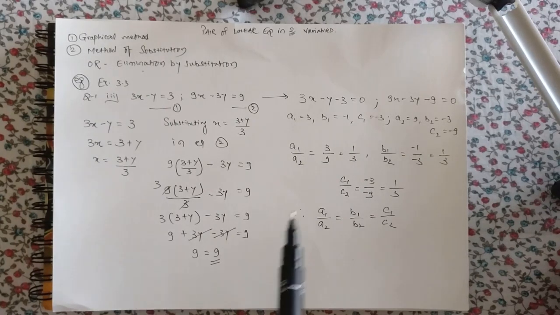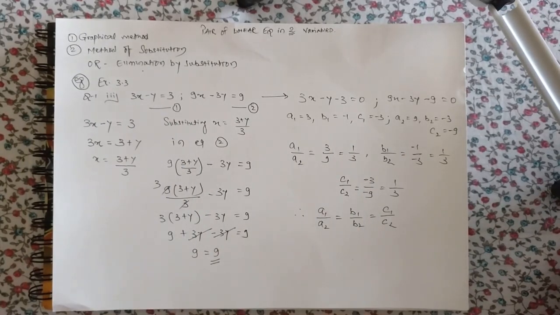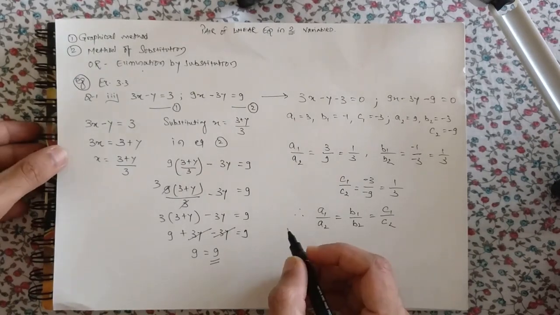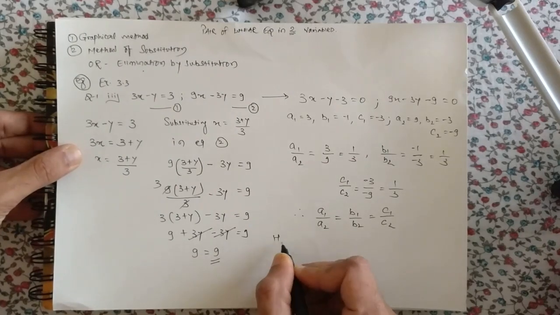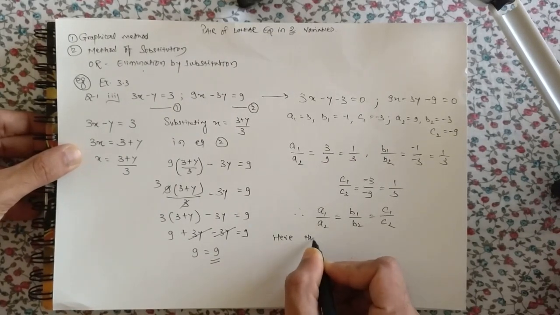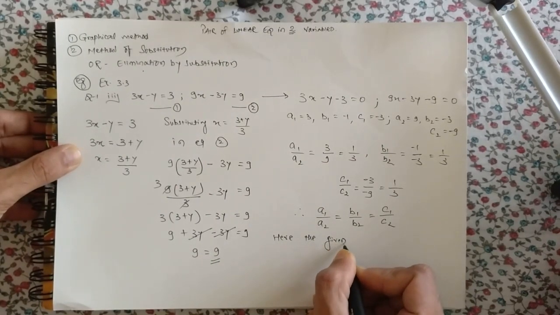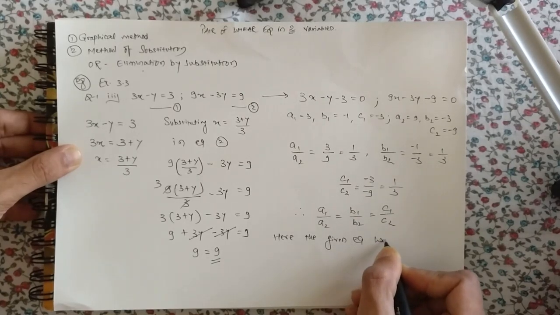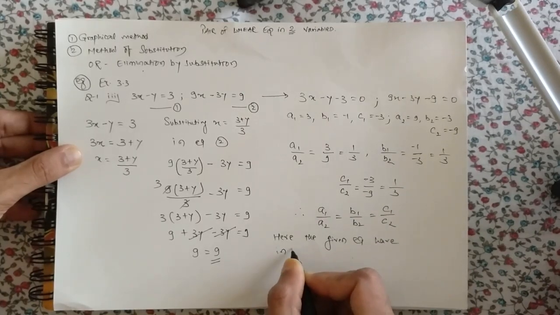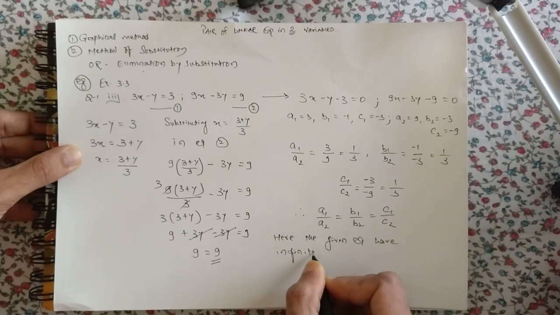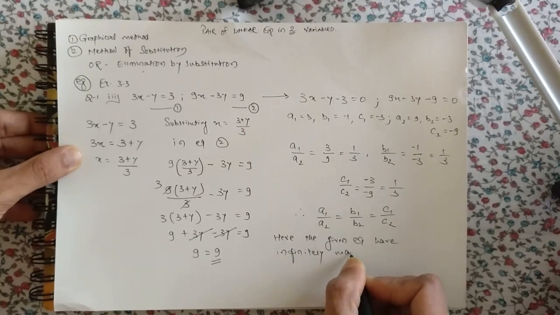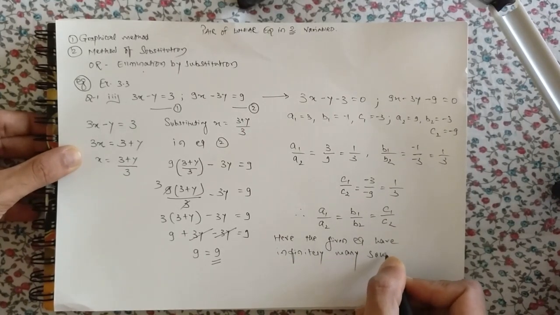So if you plot these two equations' lines on the graph, what would you get? You would get coincident lines, not parallel. Parallel means no solution. But here the given equations have infinitely many solutions, right?